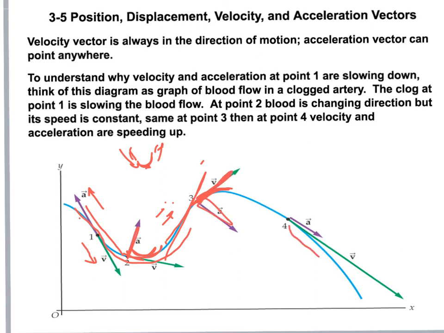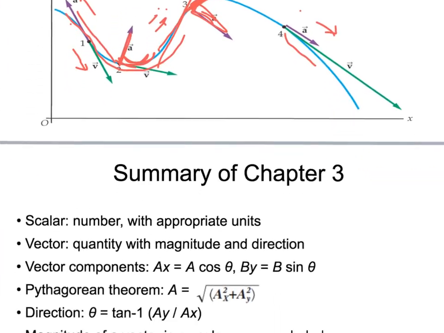And now V and A are in the same direction, so that means they're speeding up. So when V and A are in the same direction, velocity is speeding up, at the rate of a constant acceleration. And then when V and A are perpendicular, it's changing direction, and when they're opposite, they're slowing down.